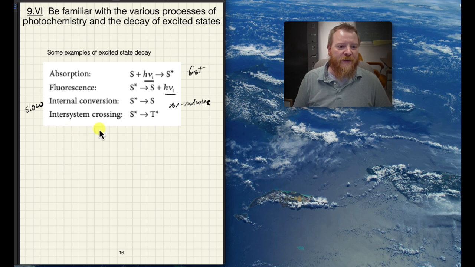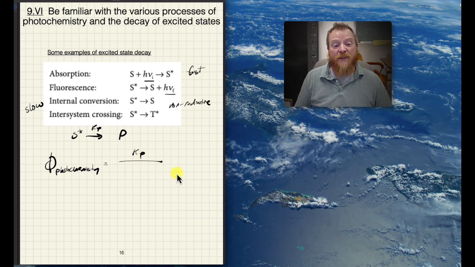So, right, to continue on with that, we could say then S star goes on to products at rate constant Kp. And so if, let's say, we wanted to know the quantum yield for photochemistry, we would take the rate constant Kp, and we'd have to divide it by all of those other rate constants.